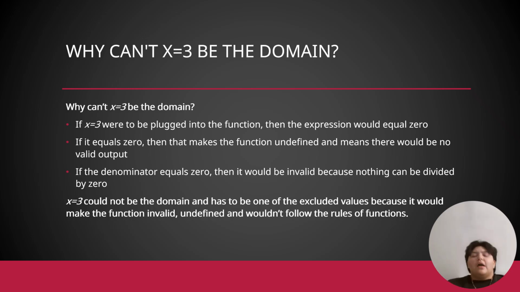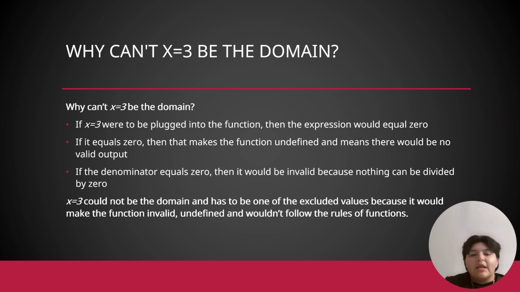If I were presenting this and someone were to ask me, why can't x equal 3 be in the domain? If x equals 3 were plugged into the function, then the denominator would be 0. That makes the function undefined and there would be, once again, no valid output.